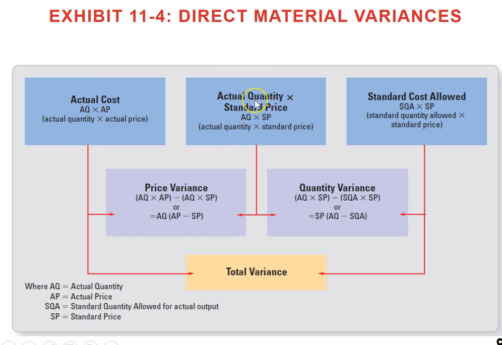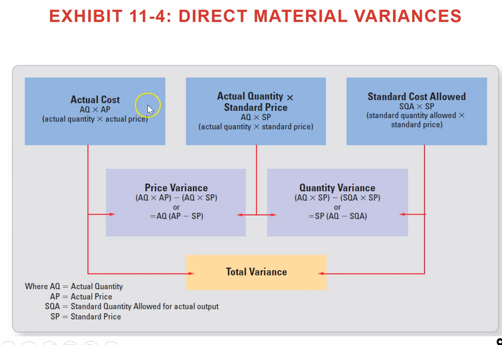And here if you look at the middle box, you will see that if you compare the second box with the first box, you just change the price. In the first box, both of these components were actual quantity times actual price. But in the second box, instead of using the actual price, you are using the standard price.